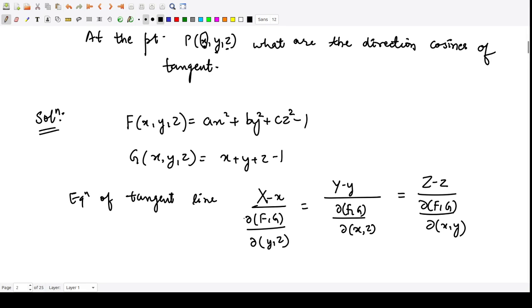That means firstly we have to calculate each of these Jacobians. So let us do that.